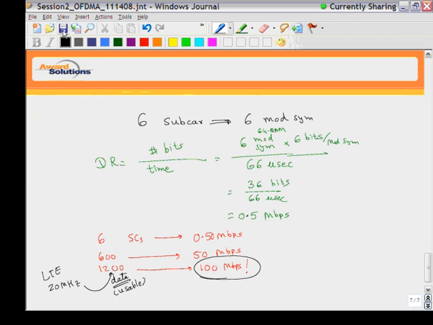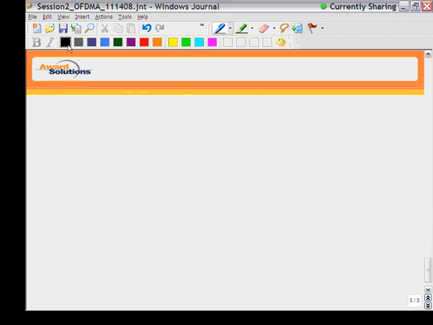Now, if you remember from yesterday, I said that OFDMA alone is not sufficient to give us the highest spectral efficiency, the highest data rate. We have the advanced antenna techniques as well that we need to use. And the specific technique that we are currently interested in is MIMO, multiple input, multiple output.